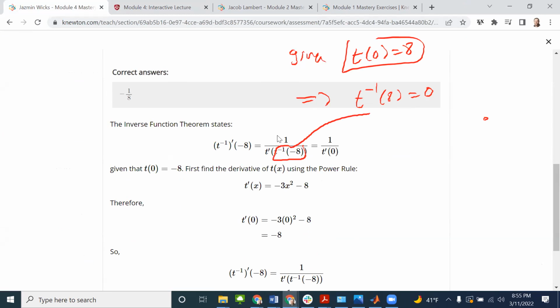I guess I'm just seeing it as, really, I mean, yes, but you're also taking the derivative of whatever the function is and evaluating it at the inverse, like taking that inverse number.